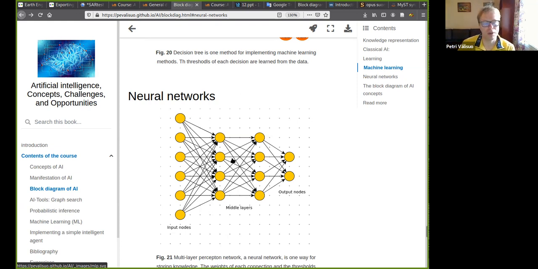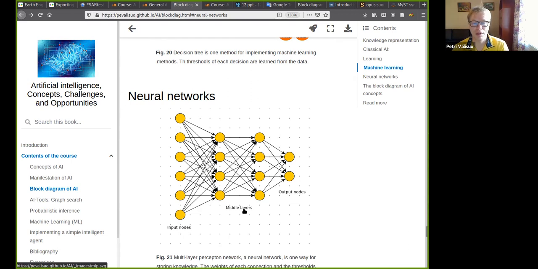And also, after it has been trained, you can take a look at these coefficients and these threshold values, but they don't tell you much. So this is pretty much a black box, so that you don't know why it works, but it just seems to work. And sometimes this can be a disadvantage, and also a long training time and plenty of samples needed for training can be a problem in some cases.